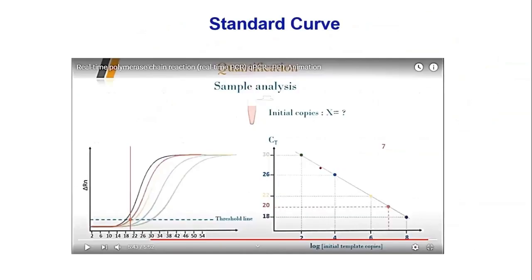How is this absolute quantification done? You must have studied colorimeter. In colorimeter, if we want to know the concentration of blood glucose in an unknown sample or a patient, then we make a serial dilution of the substance and we plot a graph. So for example, if you want to check glucose, we take 1 microgram, 2 microgram, 3 microgram, 4 microgram, 5 microgram in different tubes.